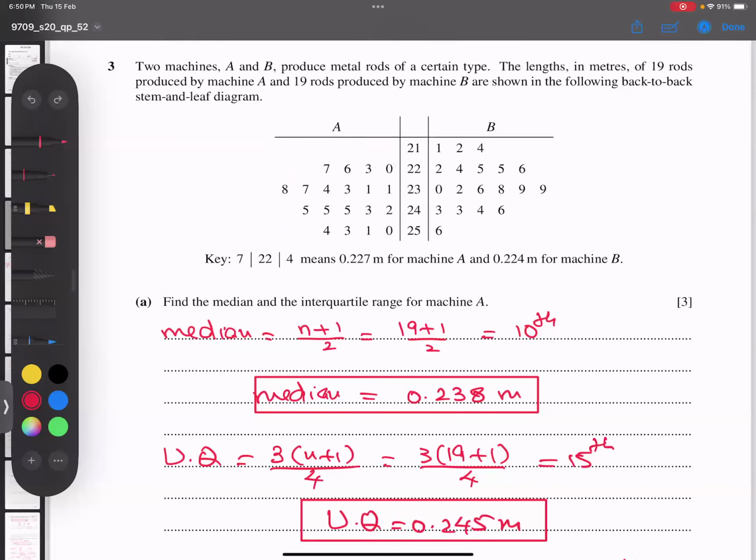You can say that more rods are there of the longer lengths. These are the number of rods. Because only one rod of B machine is 0.256, only one rod in the lengthy range. But machine A produces more length, like 0.250 meter, 0.251 meter, 0.253 meter, 0.254 meter.